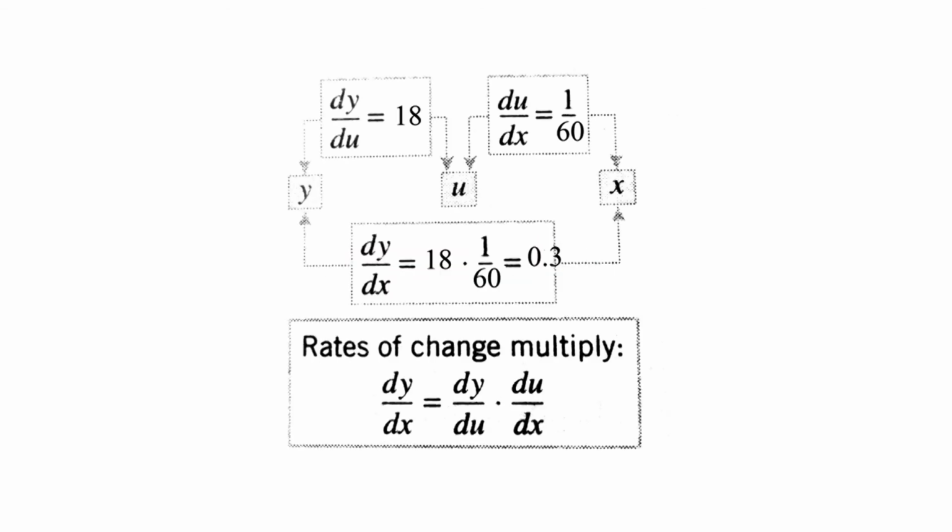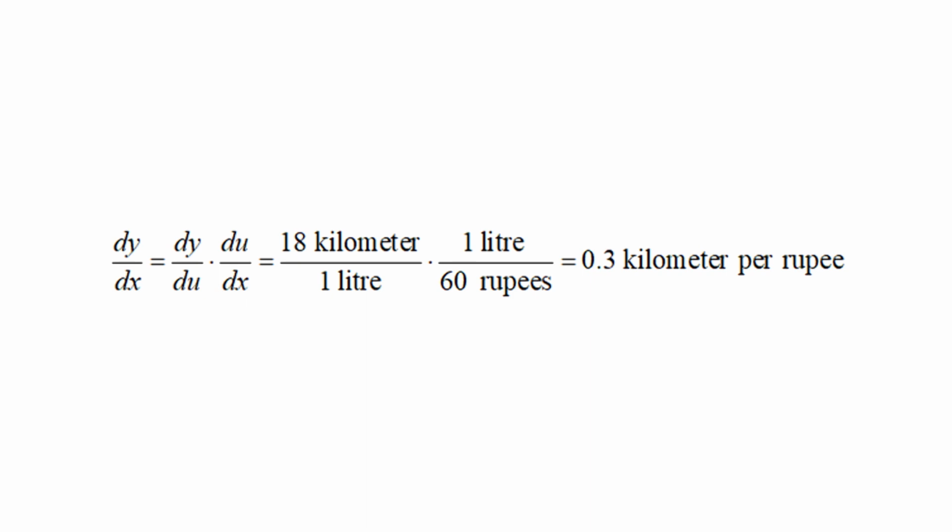You might be interested in how many kilometers you can travel per rupee, which is dy/dx. Intuition suggests that the rates of change multiply in this case. So, dy/dx = dy/du × du/dx, which equals 18 km per 1 liter × 1 liter per 60 rupees = 0.3 km per rupee.